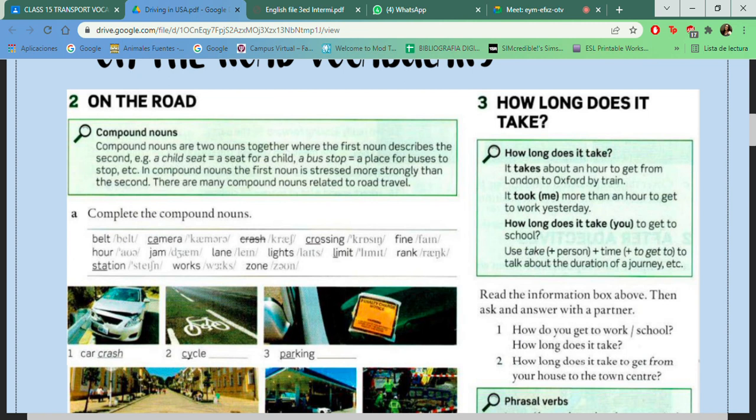In a compound noun, the first noun is stressed more strongly than the second. For example, a child seat, we don't say child seat, okay? Or a bus stop. So the stressed word is the first one, not the second one.